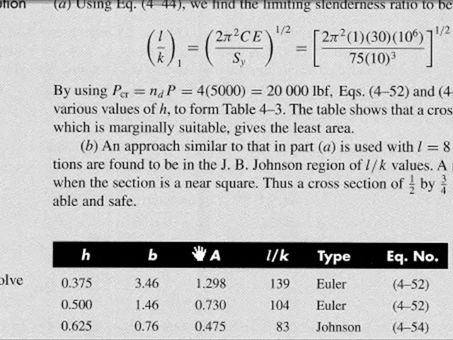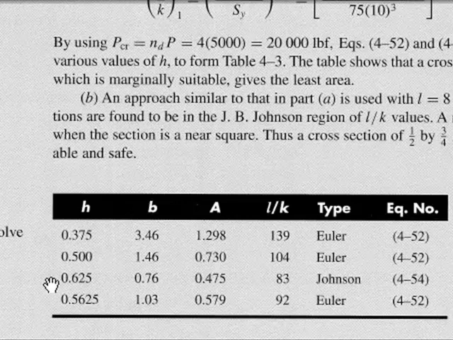Then if we guess Euler again using an h of 0.625, whatever Euler gave us, that L over k would not have fit Euler. So then we use Johnson, and we plug the value of h into the Johnson design formula and solve for b, and take that h and b combination and check our slenderness ratio, and we get an 83, which is less than 88, confirming that this one is Johnson.